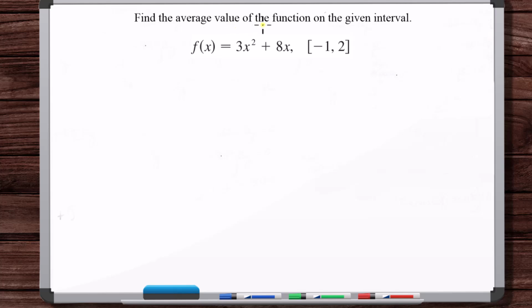Find the average value of the function on the given interval. So the idea is we've got this function in a given interval, and we want to know what's the average value of the function over this interval.